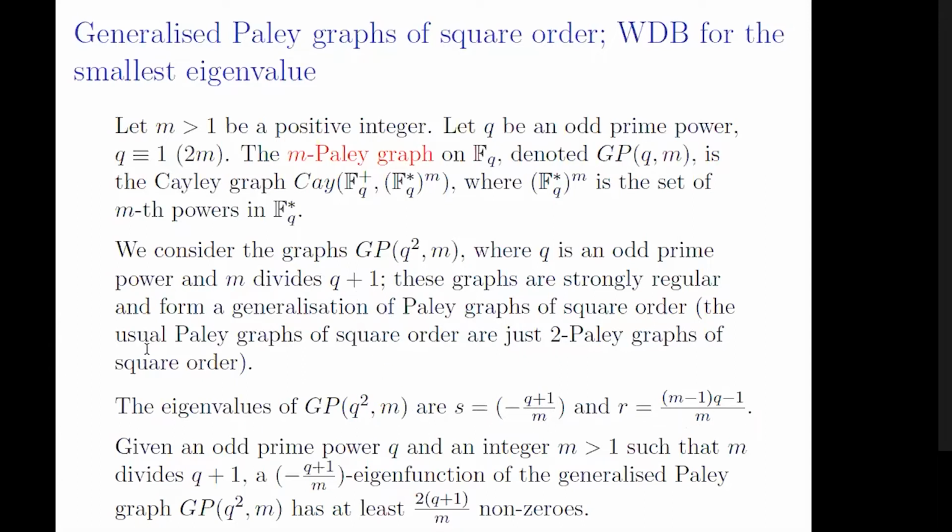And given an odd prime power q and an integer m greater than 1, such that m divides q+1, a -(q+1)/m eigenfunction of the generalized Paley graph has at least 2(q+1)/m non-zeros. This is given by the weight distribution bound.